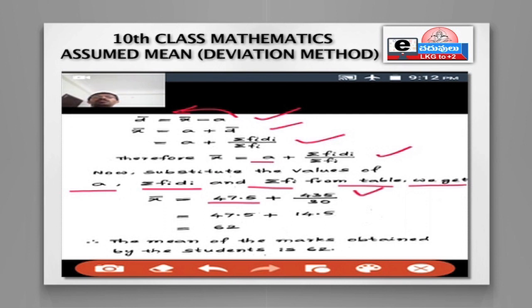And what is sigma fi? 30. 47.5 write as it is. 435 by 30. What is the value of 435 by 30? 14.5. 47.5 plus 14.5, how much? 62. Therefore the mean of the marks obtained by the students is 62.